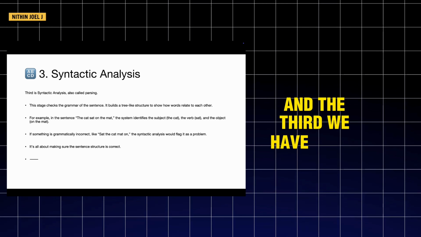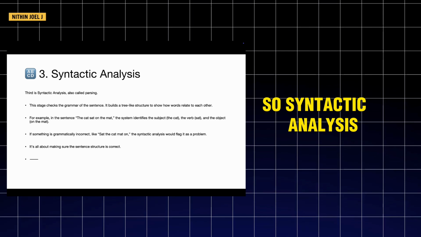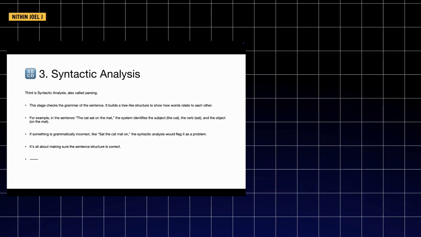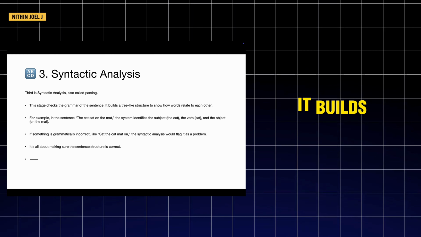And the third we have syntactic analysis, which is also called parsing. This stage checks the grammar of the sentence. It builds a tree-like structure to show how words relate to each other.